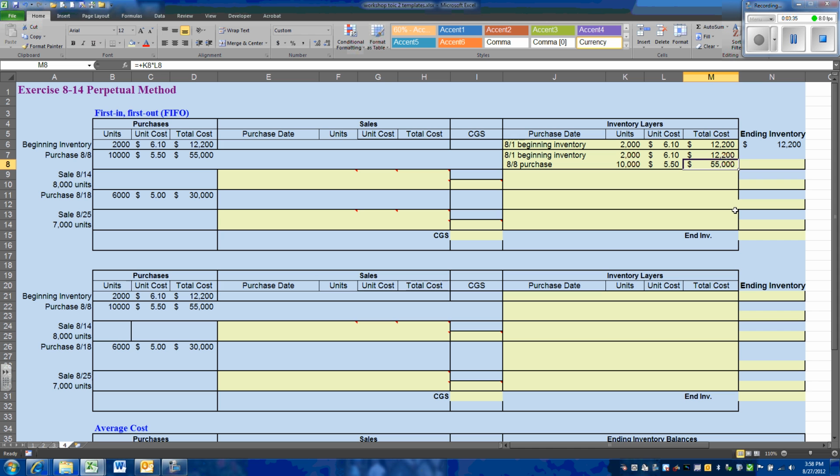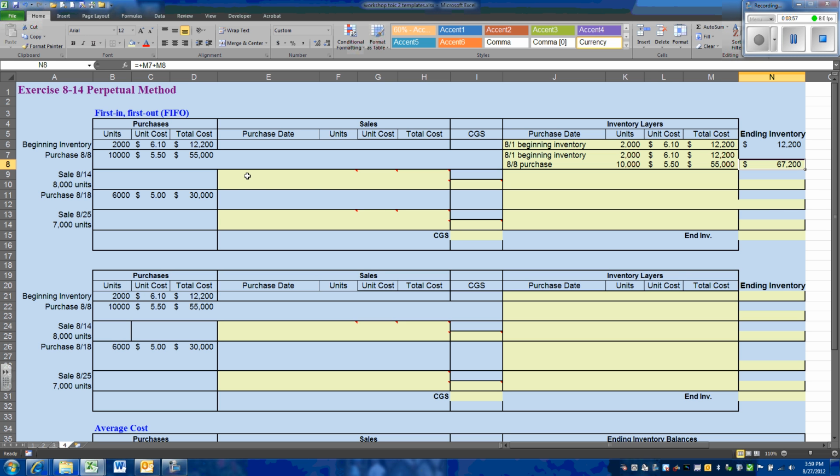So our purchase was for $55,000. Our ending inventory is our beginning inventory plus our purchase on August 8th. Inventory balance after the purchase is now $67,200.